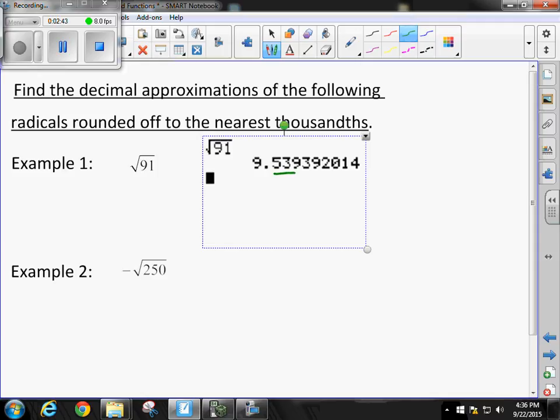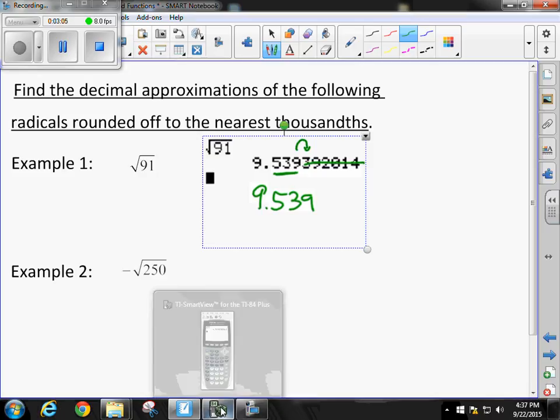We look at this fourth digit, and it's a 3. It has to be 5 or bigger to be able to round it up. So we'll just lop that all off, and it will round to 9.539.